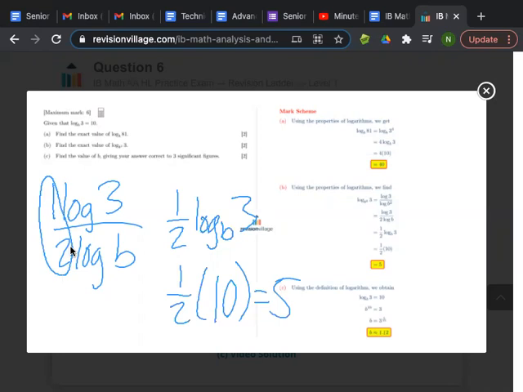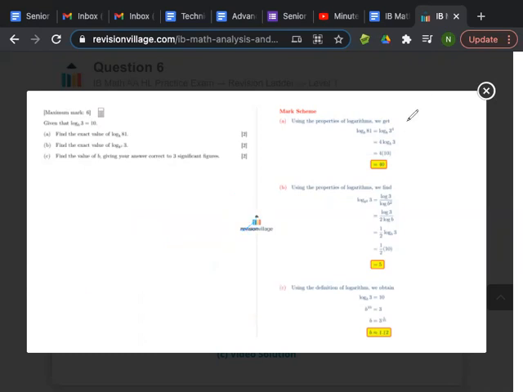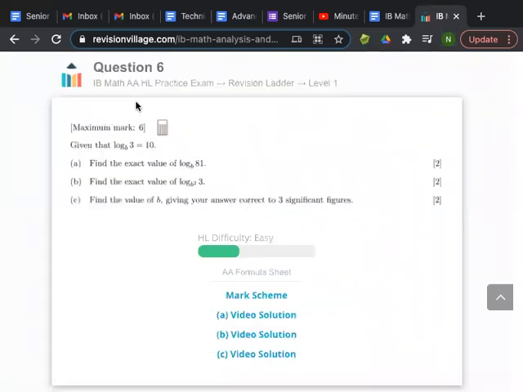The next one says find the value of B, giving your answer correct to 3 significant digits. Here, how would I solve for B normally?